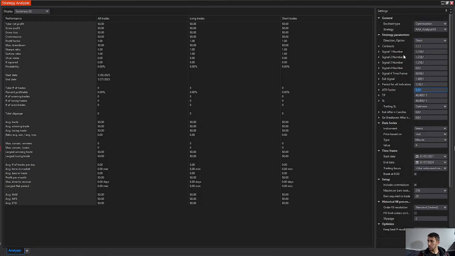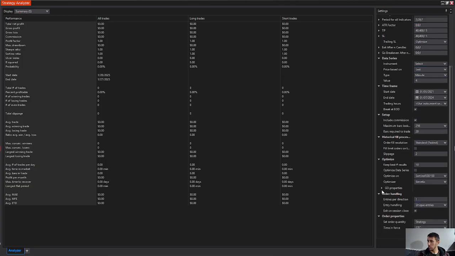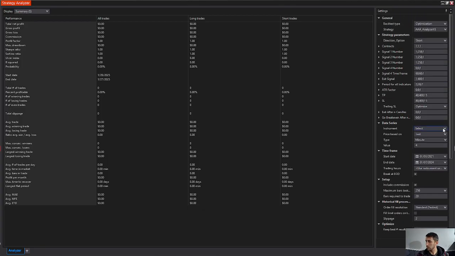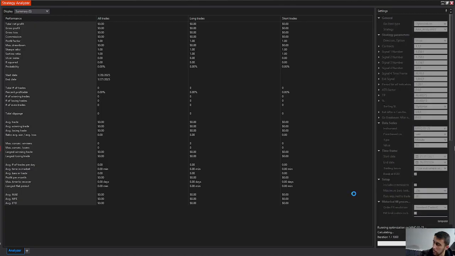Or in this case, it'd be too much for my computer, so I set it to 5,000 combinations. Here, let's do 1,000, and then we'll find the strategy with the max net profit. And what this is going to do is we're running 1,000 iterations, basically going through each of these.